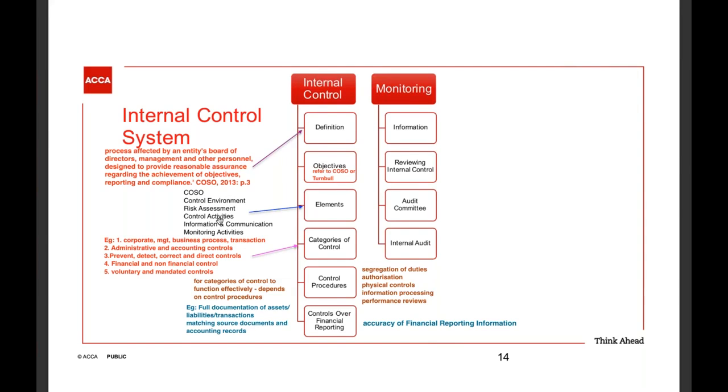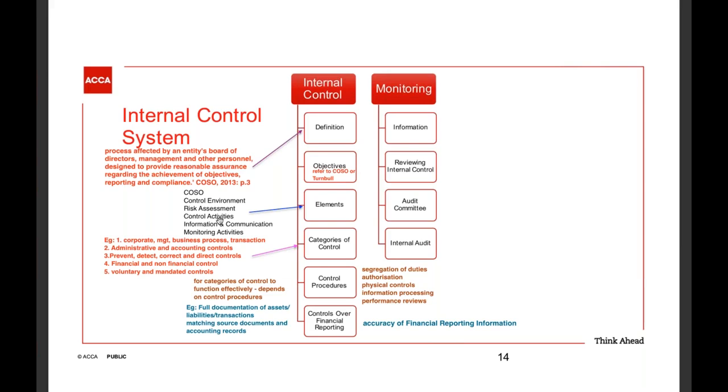And another one will be control activities. Control activities are basically policies and procedures that are established and implemented to help ensure that the risk responses are effectively carried out.